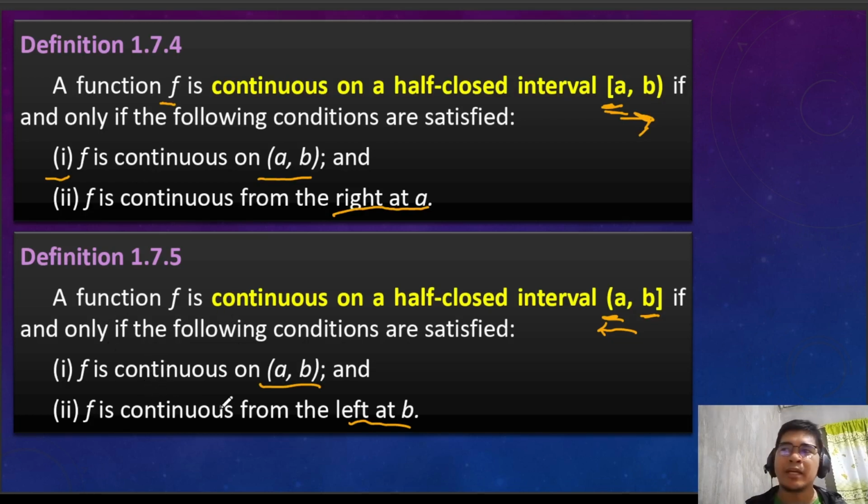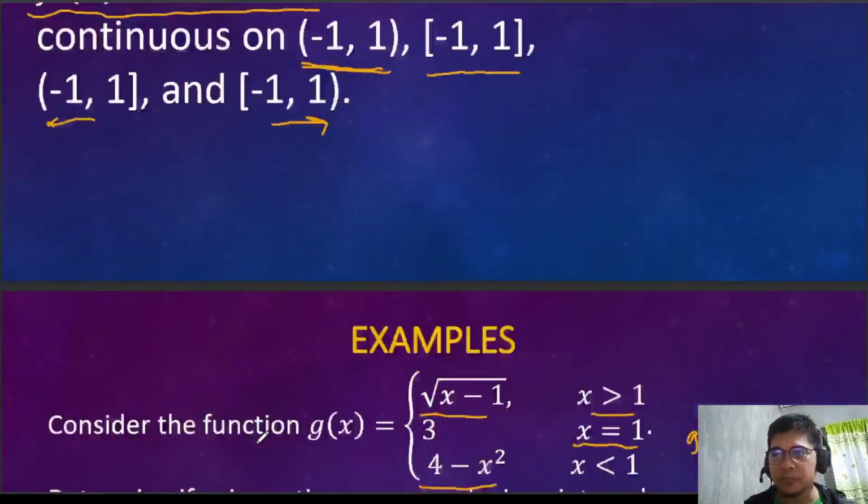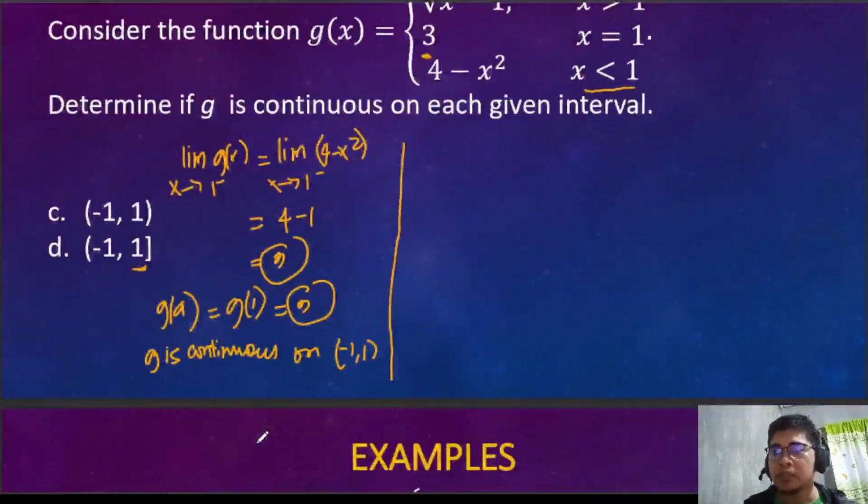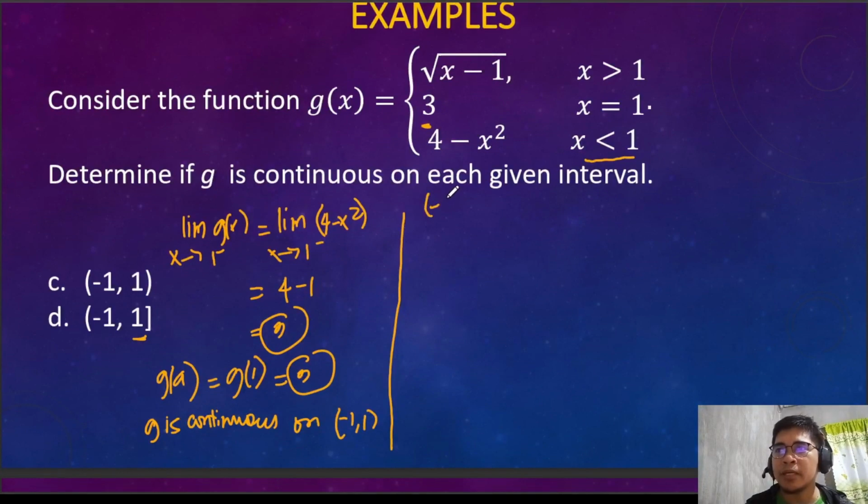First, f must be continuous on the open interval of the given, and then continuous from the left at B. So we have open interval -1 and closed interval 1. Is it continuous on the open interval here? Yes, check. As we know from letter C, g is continuous on the open interval -1 and 1.